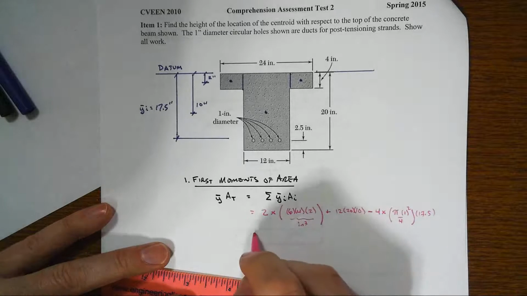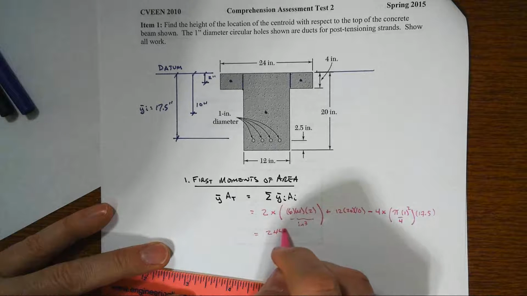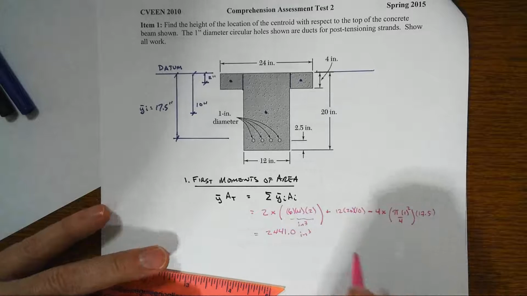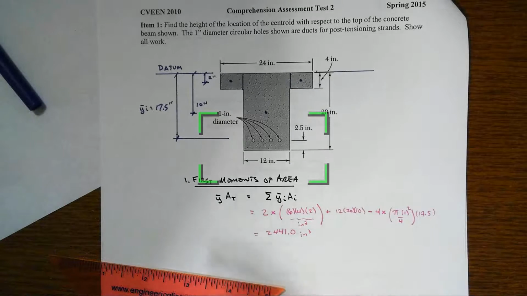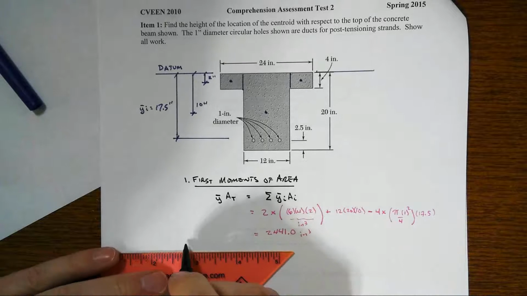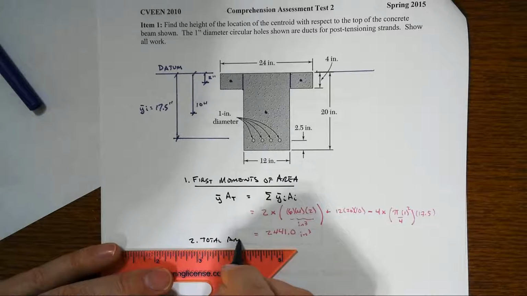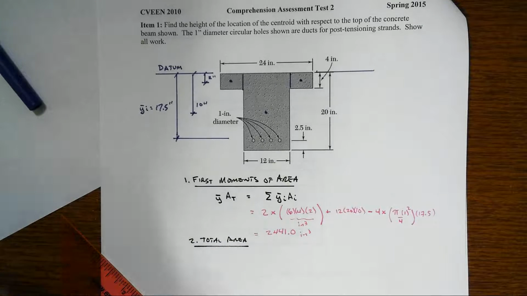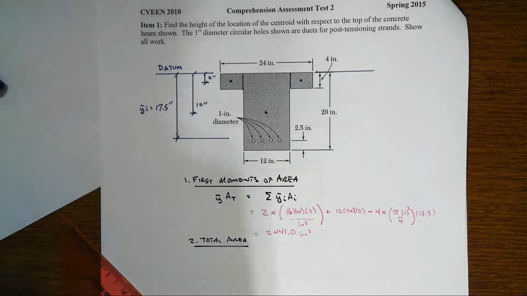And when we work that out, we'll have 2,441.0 and change cubic inches for that. Right, so that's just the first moment of area, and then the total area is of course just going to be the sum of all of our little smaller areas that we've done so far.